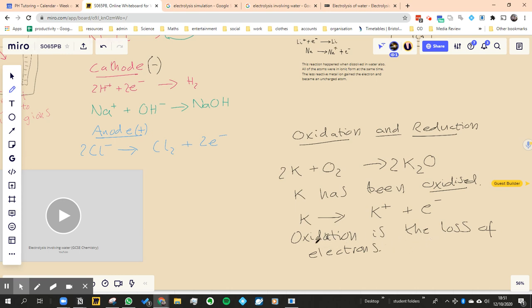And there's a way to remember this: oxidation is loss, and that is OIL, spells oil. So oxidation is loss of electrons.